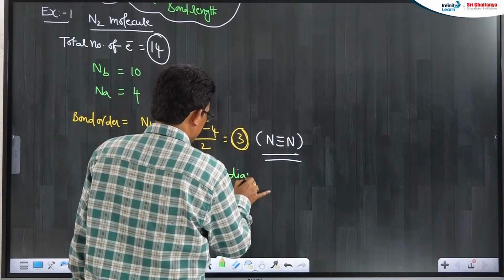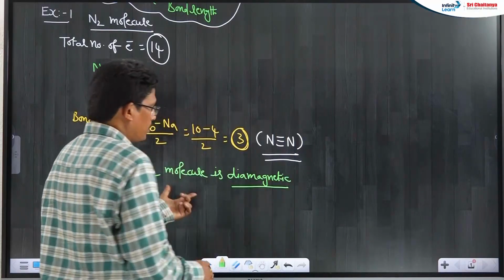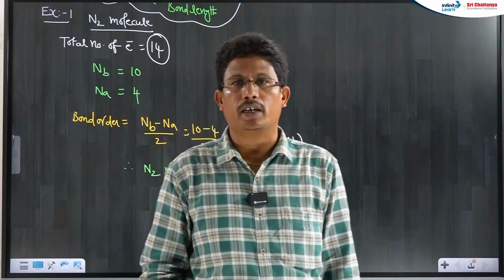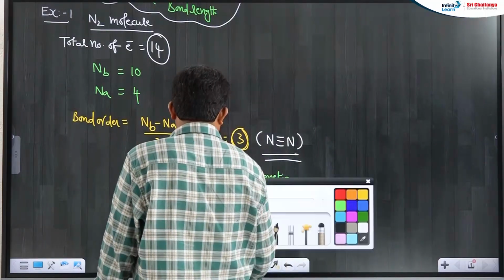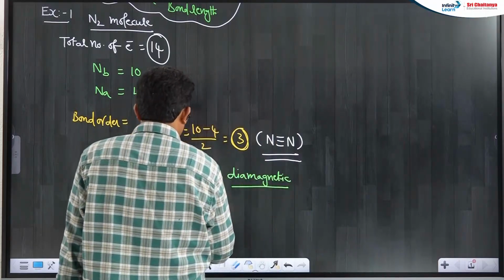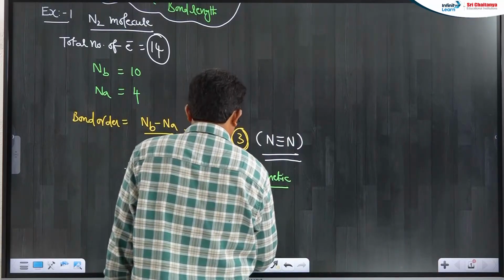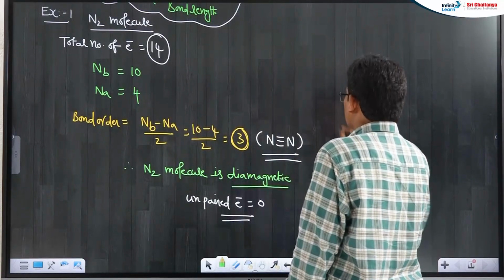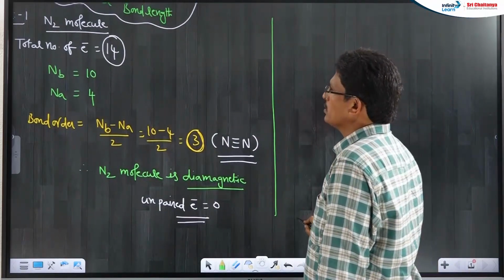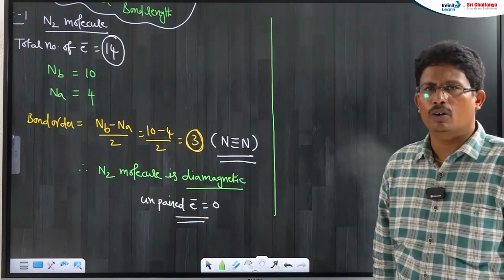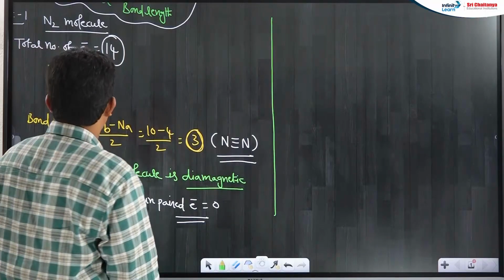Along with bond order, magnetic behavior is also predicted by using the electronic configuration. By applying same formula, find bond order for O2 molecule and also magnetic behavior.